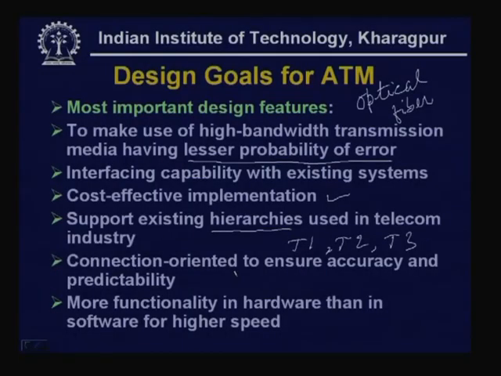That means it must be based on the virtual circuit switching concept to ensure accuracy and predictability, which cannot be ensured by the datagram technique, and have more functionality in hardware than software for higher speed. It was also one of the design goals that most of the functionalities would be implemented with the help of hardware rather than software, so that it is fast and can be implemented at lower cost.